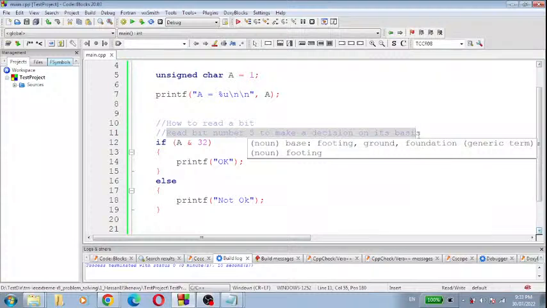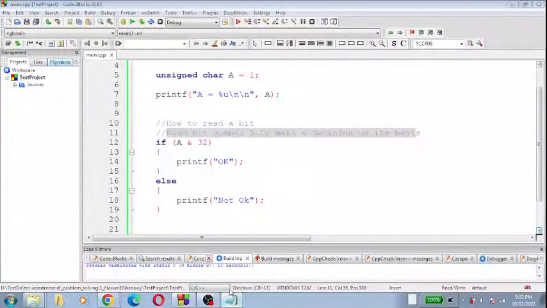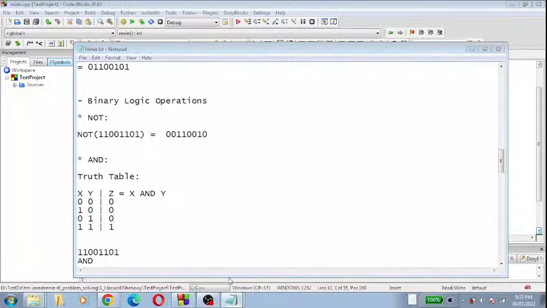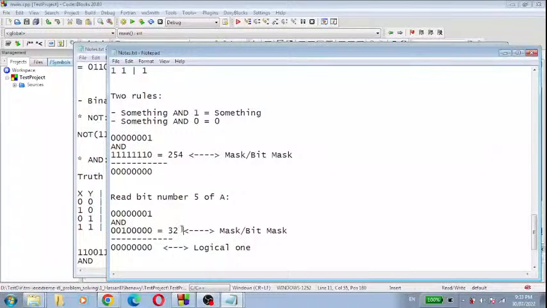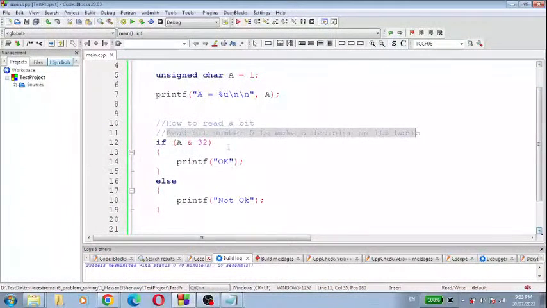So now I'm going to use this mask actually, which is 32. So here I'm going to use if condition with my variable, which is a, and with the mask here. This is the mask, which is 32.